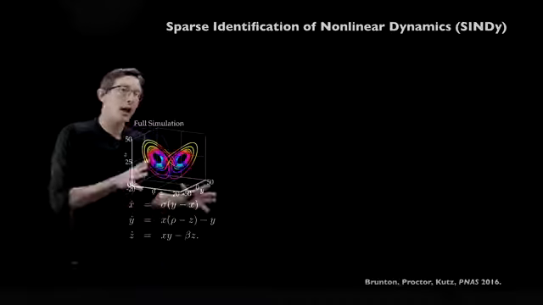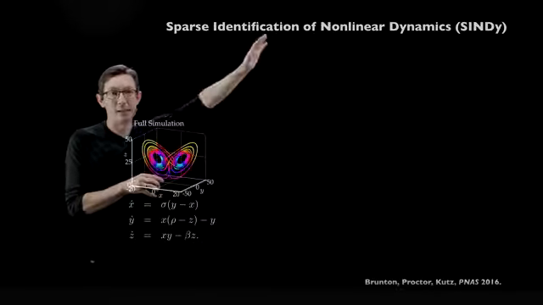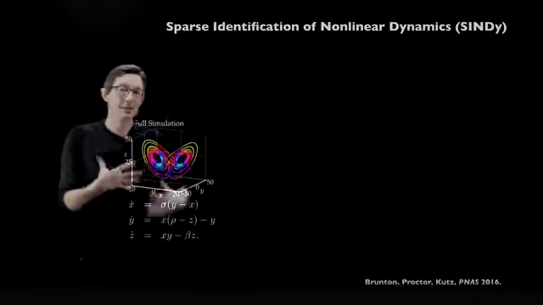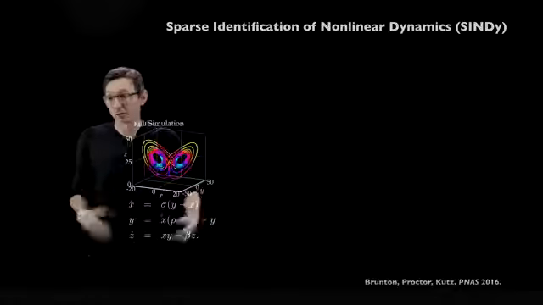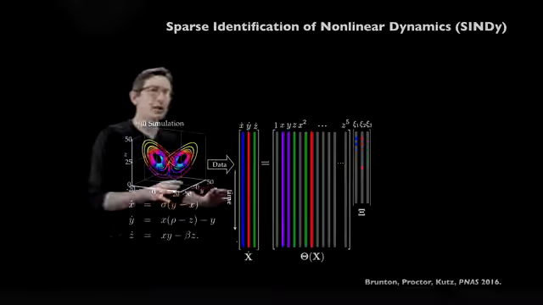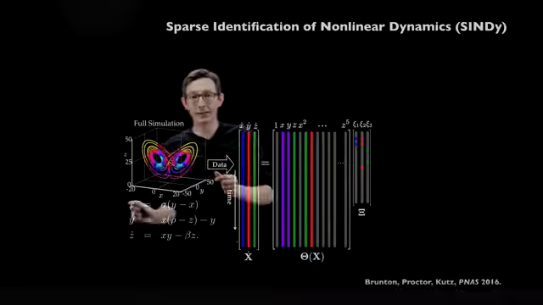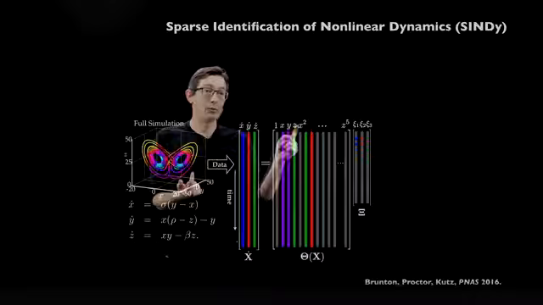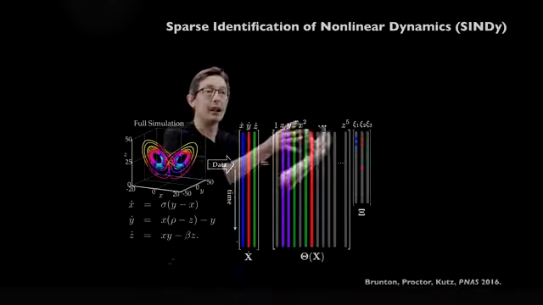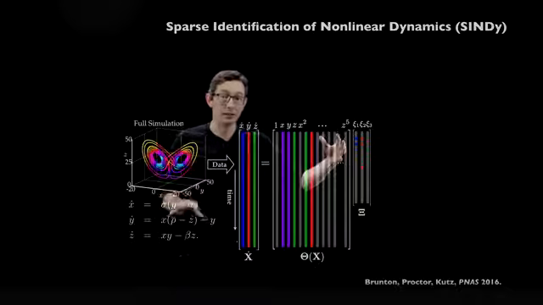Okay, and so we have this algorithm, the sparse identification of nonlinear dynamics, or the SINDy algorithm, that uses this kind of LASSO idea to discover nonlinear dynamical systems. So here, if you had data from a simulation, maybe you had the derivatives x dot, y dot, z dot, and you had measurements of the system state x, y, and z, you could build a library of candidate terms that would be in the right-hand side of the nonlinearity.